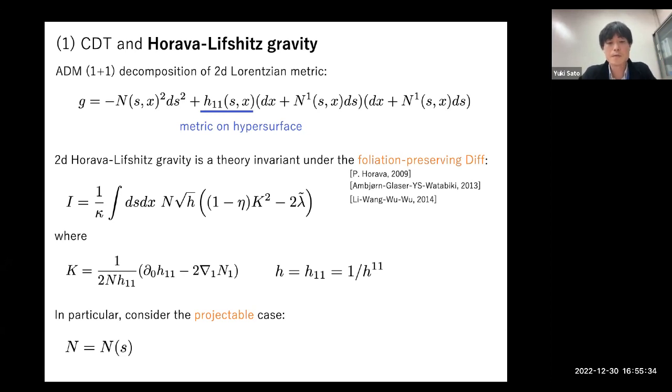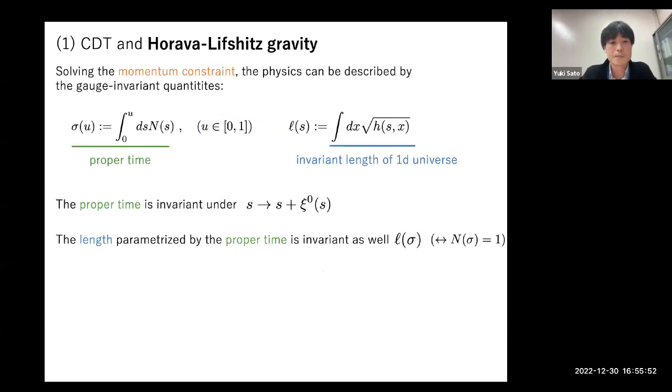Okay, so now we wish to quantize this Horava-Lifshitz gravity. Horava-Lifshitz gravity is a gravitational theory, and therefore the system is a singular system, meaning that there are some constraints: the momentum constraint and the Hamiltonian constraint. Skipping all the details, we first solve the momentum constraint. If you do that, the physics can be entirely described by the gauge invariant quantities, the proper time and the invariant length of the one-dimensional universe.